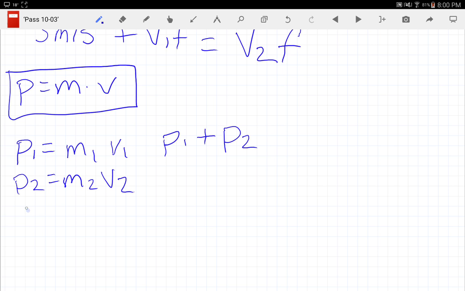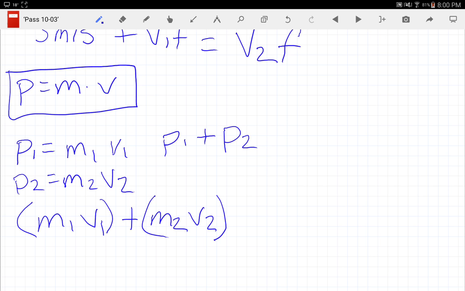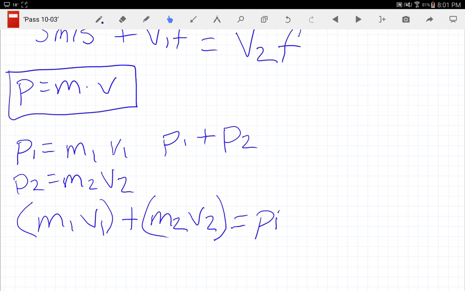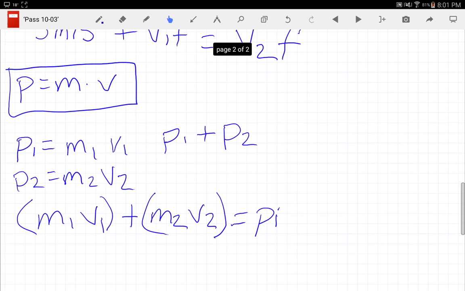So then you can just set it up as M1 V1 plus M2 V2. And then this will equal your P initial. Oh, yeah, I'm understanding. I like that. Does this make sense so far? Yes. Okay.